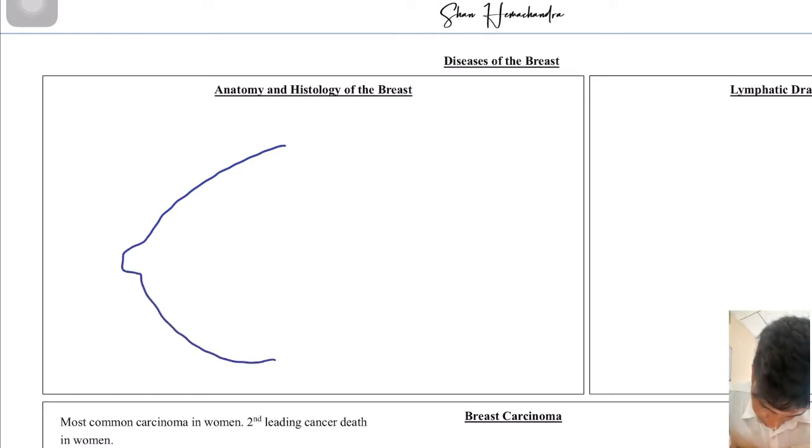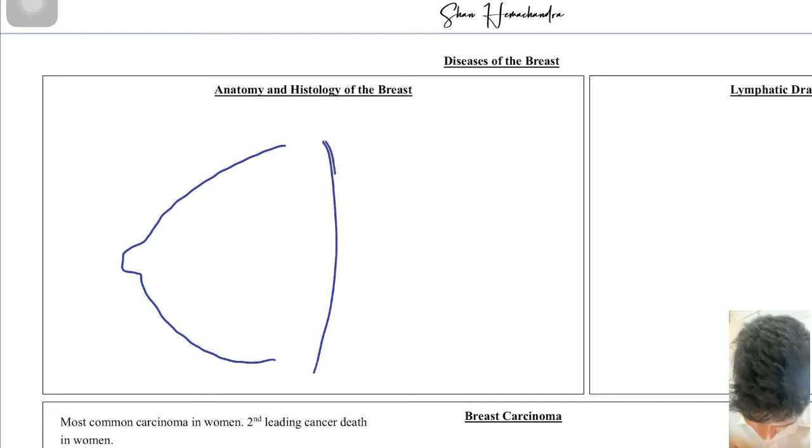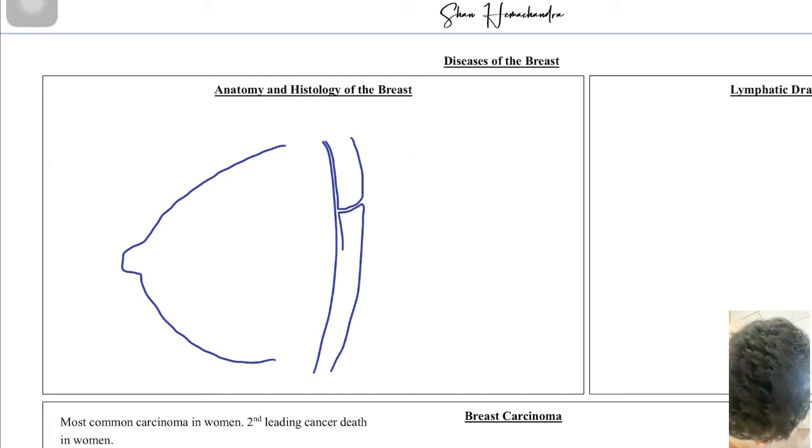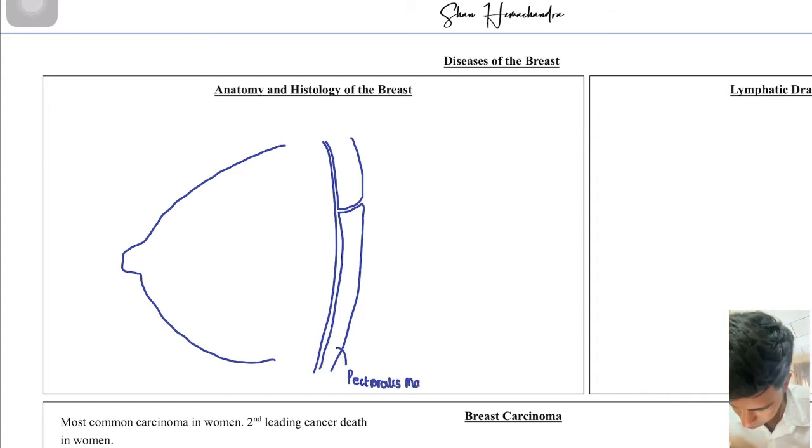And then we have the muscle layer. This is the fascia. This is the pectoralis major muscle. Behind this we have another layer of fascia.